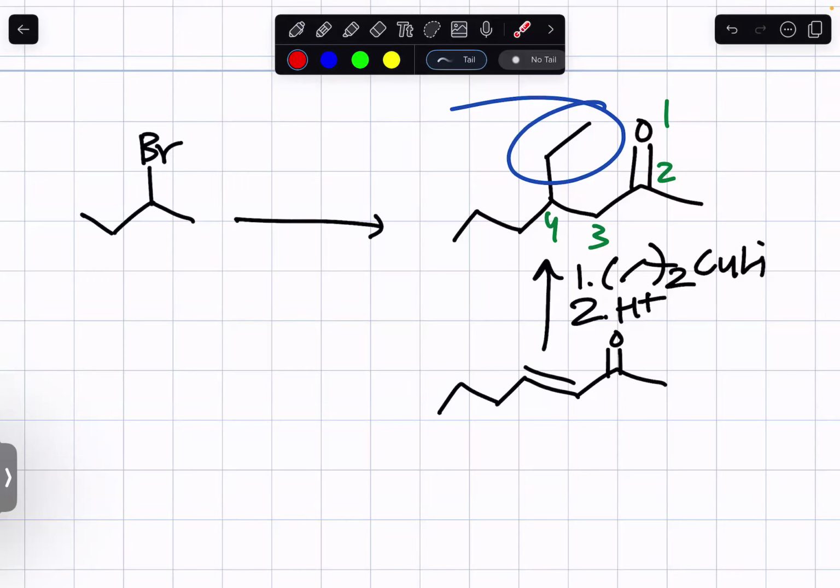So when it's an alpha beta unsaturated carbonyl, it's always retrosynthetically an aldol condensation, right? Because an alpha beta unsaturated carbonyl, or an enone, comes from an aldol condensation or dehydration.